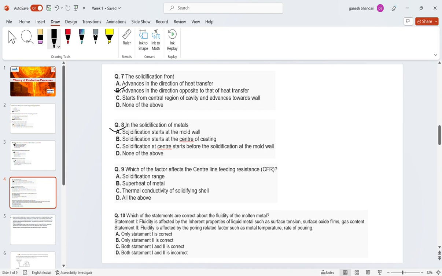Once you go to that particular CFR formula, this much distance divided by this much total solidification time, then you can easily understand this. Here, for the centerline feeding resistance, all the things will be involved: solidification range, superheat, and thermal conductivity. There is a thing called, I just forgot the terminology, something called alpha.